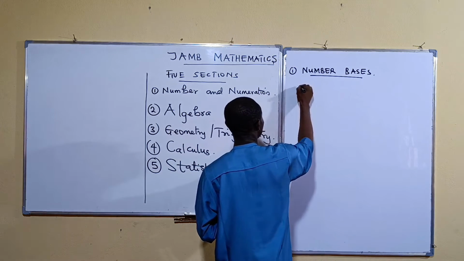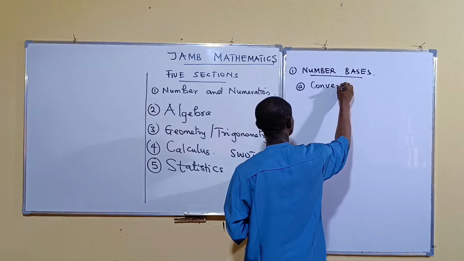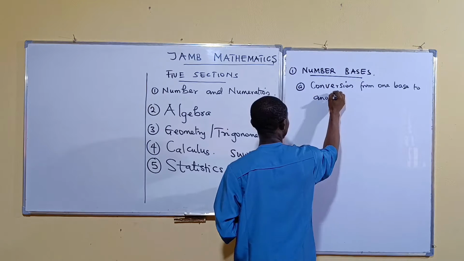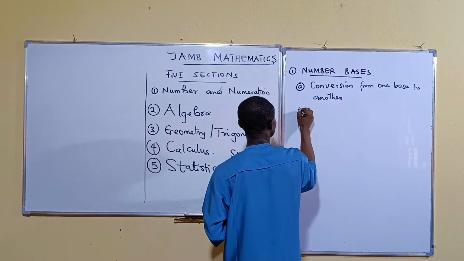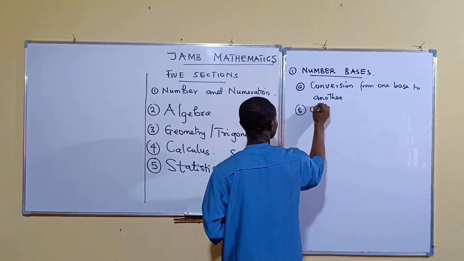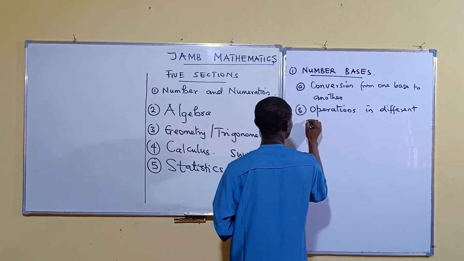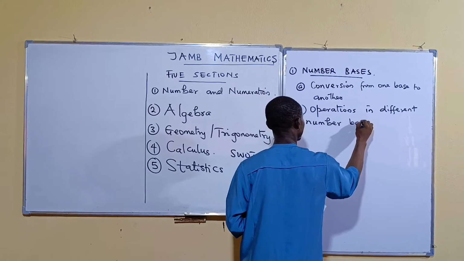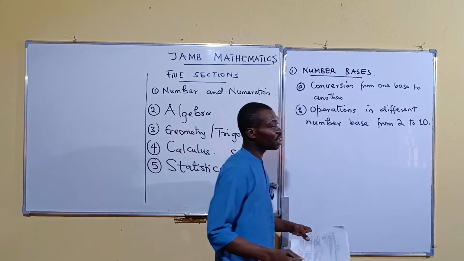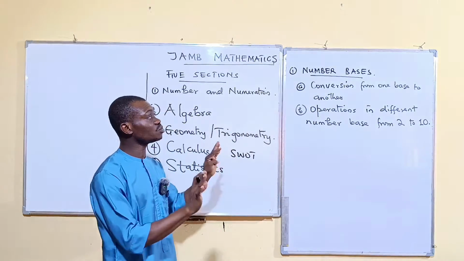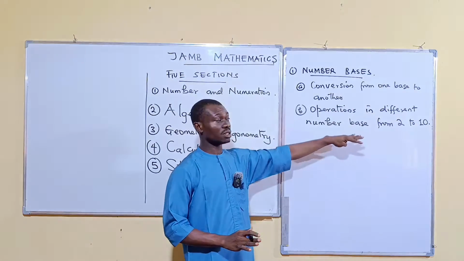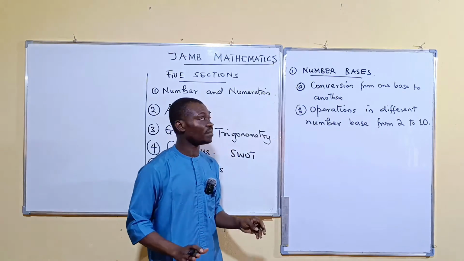The first part involves conversion from one base to another, and then number 2 is operations in different number bases, as from base 2 to base 10. So these are the 2 broad areas that you're supposed to look into when it comes to number bases.